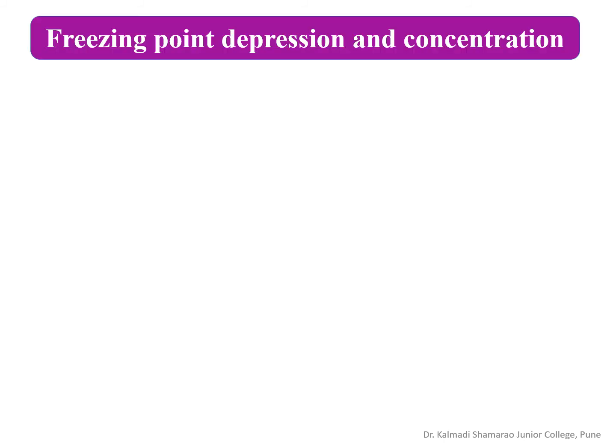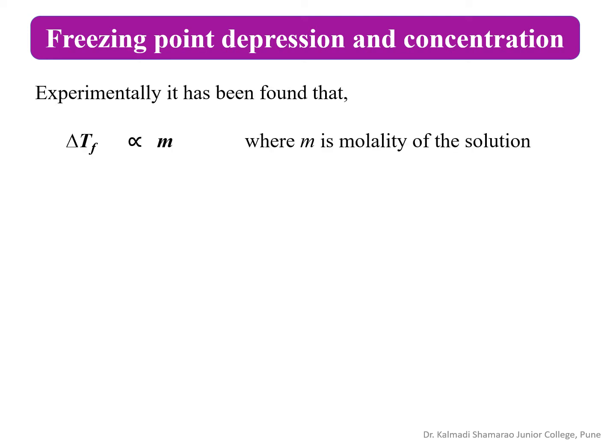Let us now study the relationship between freezing point depression and concentration of a solution. Experimentally, it has been found that the depression in freezing point delta Tf is directly proportional to the molality of the solution, which is denoted by m.